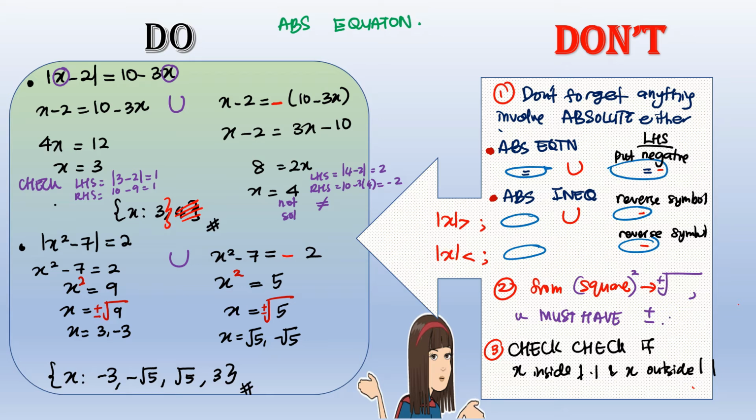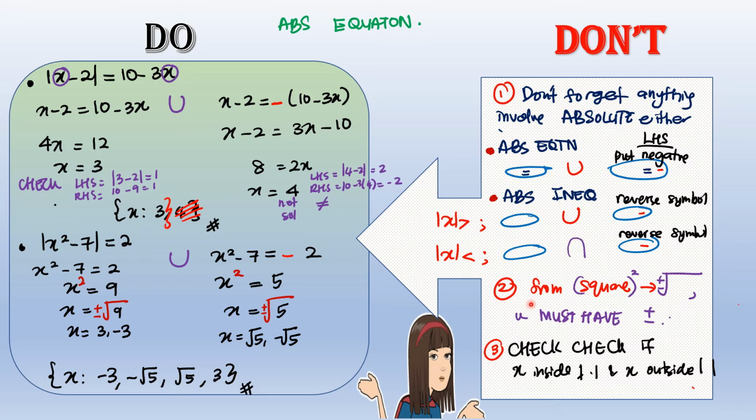If our modulus x is greater than, that's when you need to use union, and just reverse the symbol on the left-hand side and put the negative. For modulus x less than, that means you have to separate them into two. The left-hand side again, same: you reverse the symbol and put negative, and you need to use intersection.